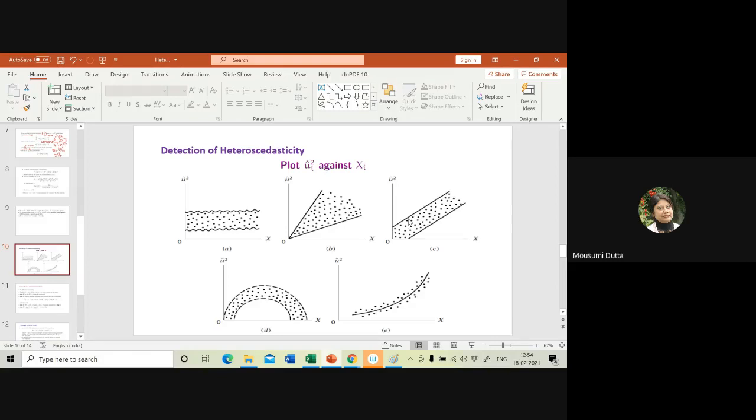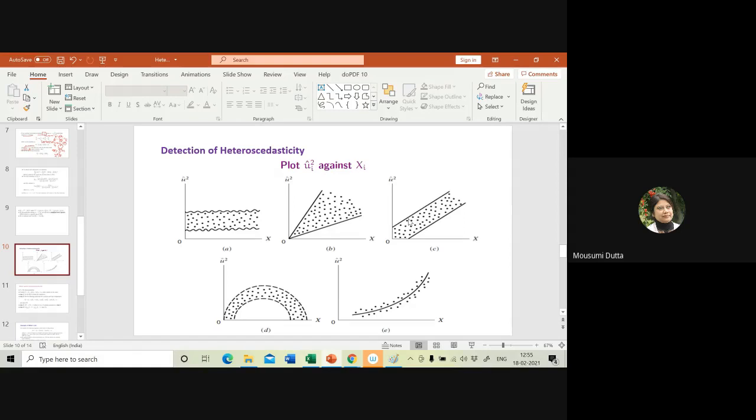If there is any relation between the residual component and xi, in that case, there is a chance that there is heteroscedasticity. So as a rule of thumb, if we use the graphical method, we may consider one explanatory variable at a time, and we can plot ei square or u hat square. U hat is equivalent to e, the residual. The square of the residual you can plot against x.